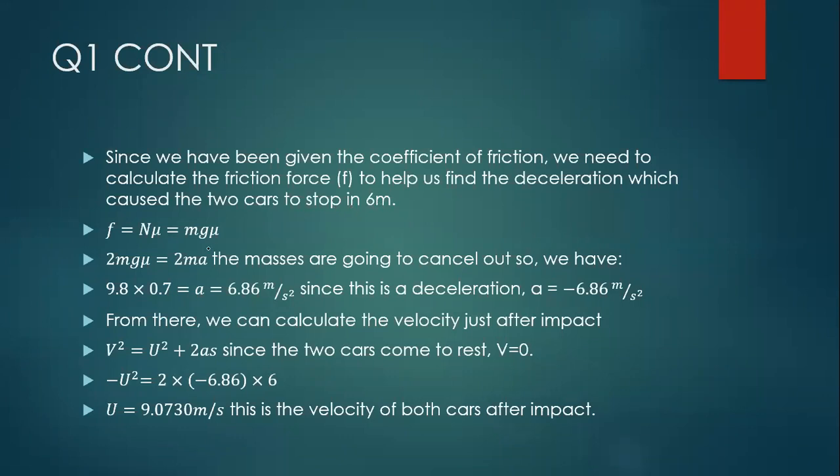Because both tires were put to brakes and then they started skidding on the tarmac, we expect that there was some friction force on the tarmac. And the friction force is simply normal times mu. Normal is just equal to mg. Since we have two masses, we can write 2 mg.